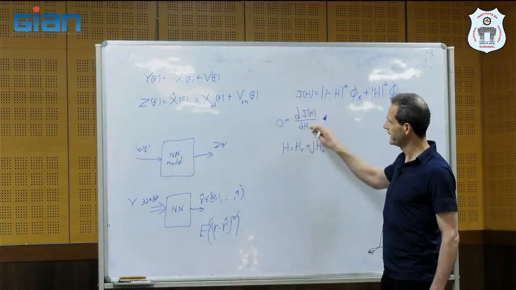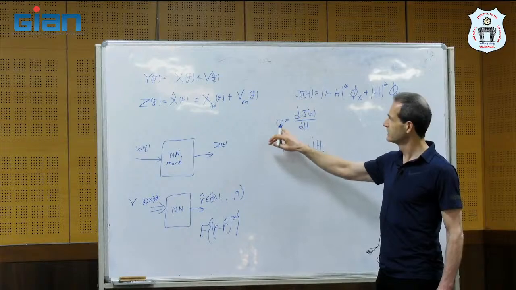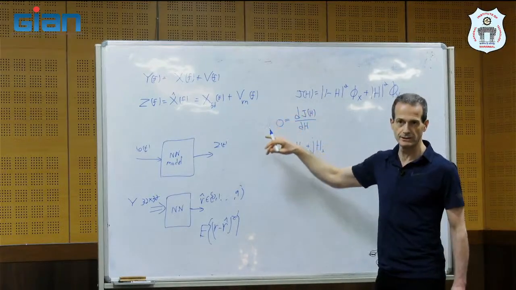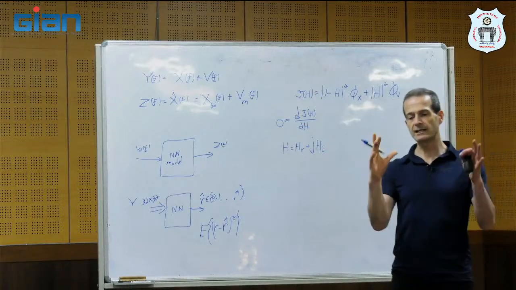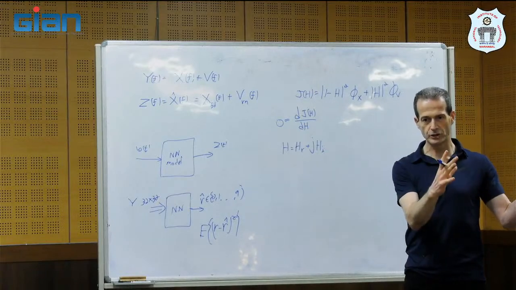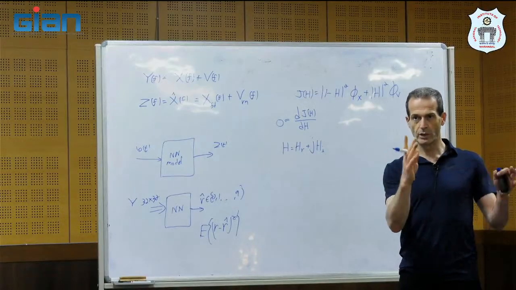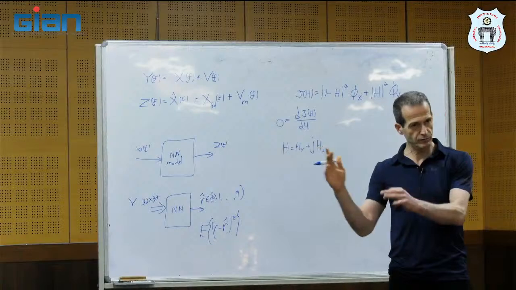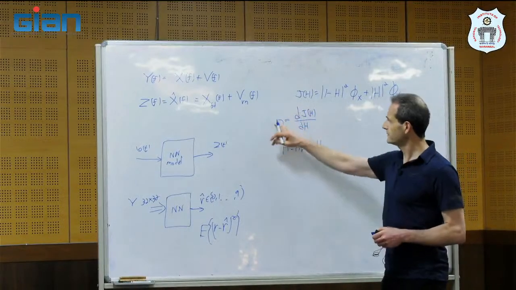Because I can take the real and the imaginary parts, and both need to be 0. When I write a complex equation equals to 0, it's two equations: one for the real part and one for the imaginary part. Okay? So these are two equations.